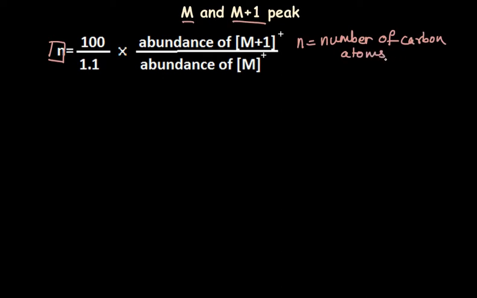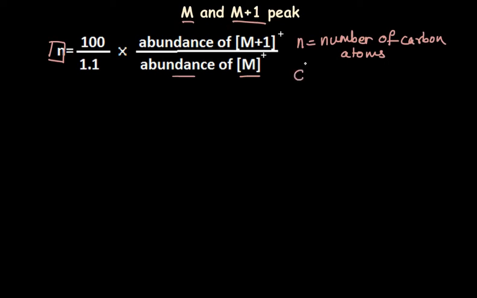Now how can we find out that? Here is a formula to find out the number of carbon atoms. Now this is N equals 100 upon 1.1 into the abundance of M+1 peak upon the abundance of M peak, that is the main molecular ion peak. Now abundance is important, and why 100 upon 1.1?